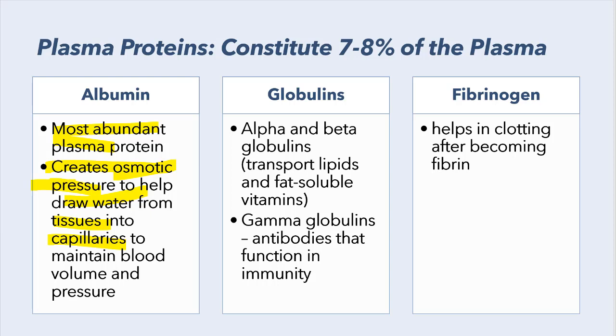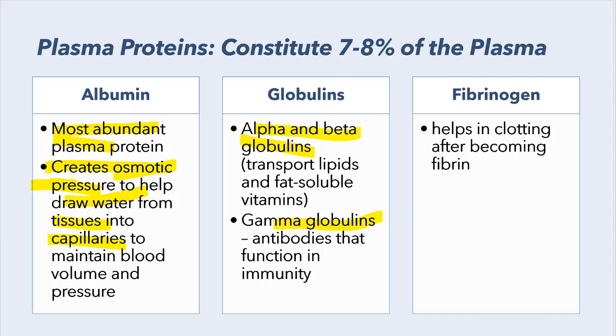Globulins are large plasma proteins and have different functions depending on the type. Alpha and beta globulins are involved in transport. Gamma globulins are what you know as antibodies. And so we know antibodies have a function in the immune response, attacking viruses and bacteria.